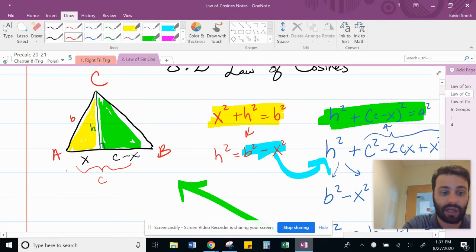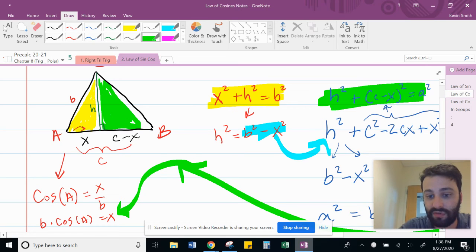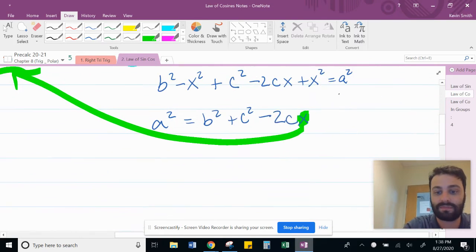Looking at the yellow triangle, the cosine of angle A equals adjacent x over b. So x is equal to b times the cosine of A. This is perfect.